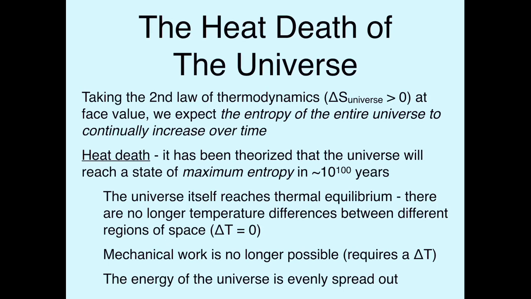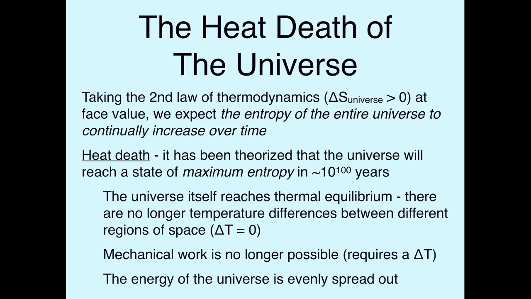Well, basically, the universe itself reaches thermal equilibrium, meaning there are no longer temperature differences between different parts of the universe. So there's no delta T between two parts of the universe. Everything is in equilibrium. Everything has the same temperature.